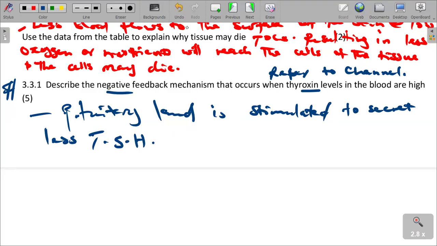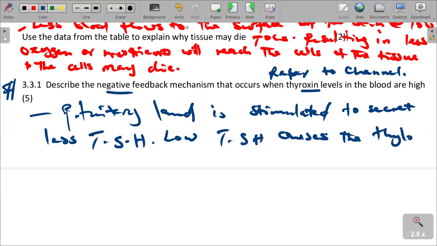And therefore, low thyroid stimulating hormone causes the thyroid gland to secrete less thyroxine.